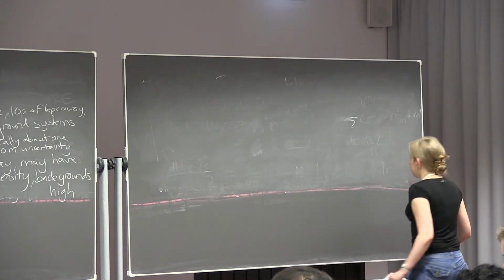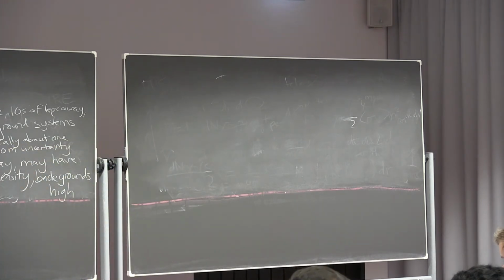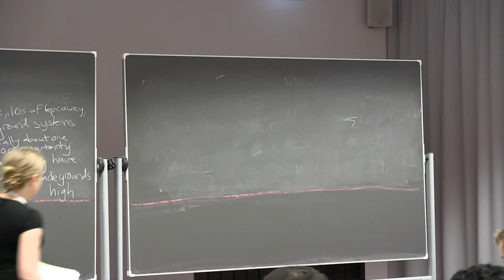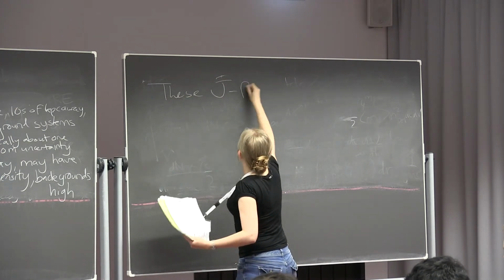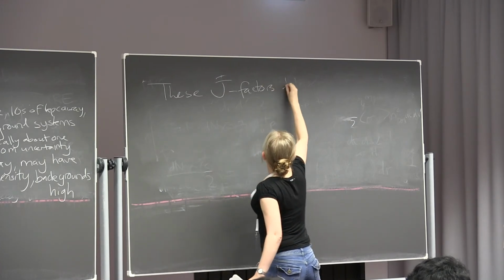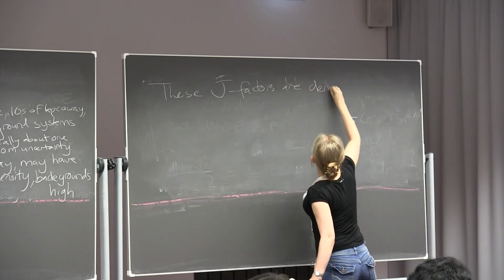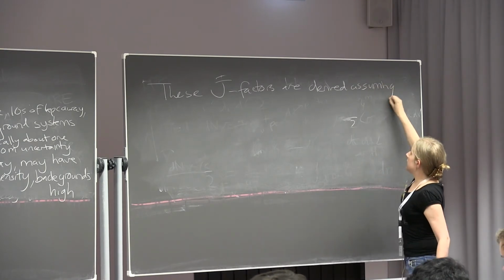It's a difficult problem. For the galactic center, the situation is somewhat different. These J factors are derived assuming what's called a Navarro-Frenk-White density profile.